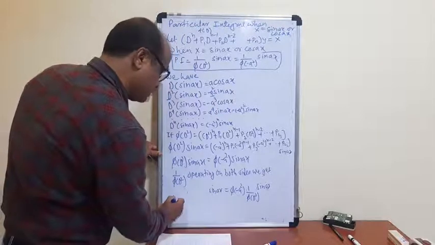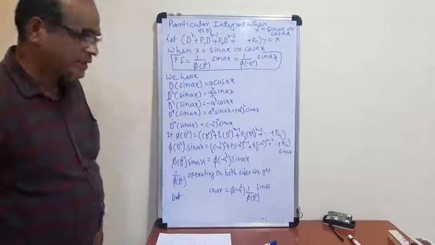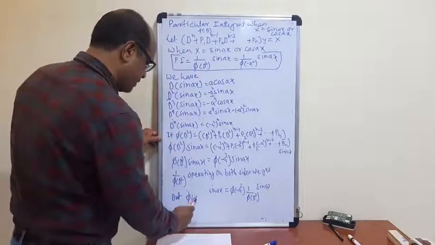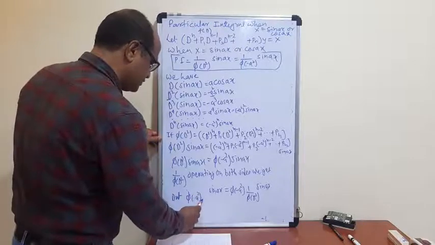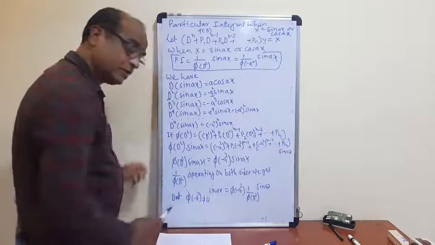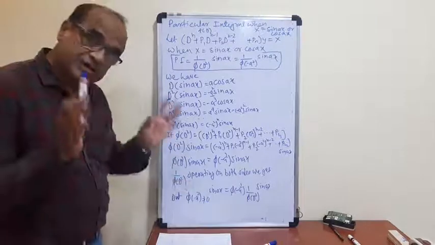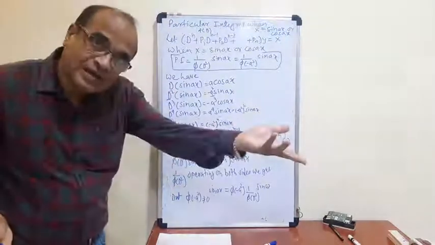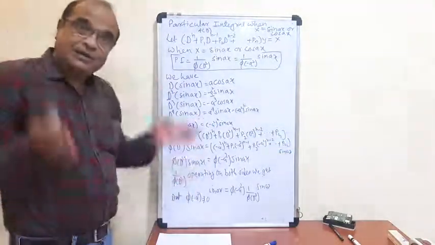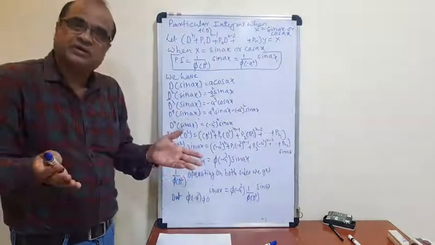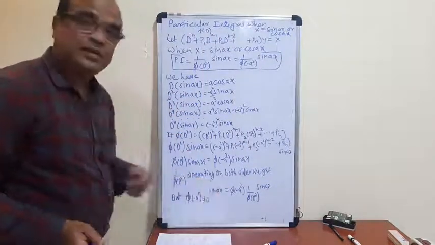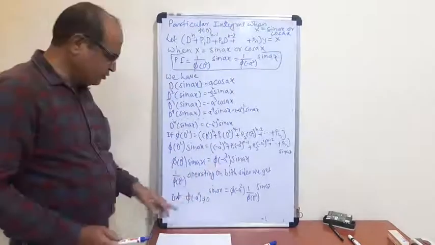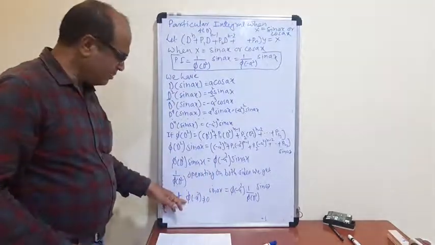But here, phi of minus a square is not equal to 0. We consider this case; if it were 0, that would be the next case. So if this is an algebraic multiplier with no d, you can divide this equation by this multiplier.